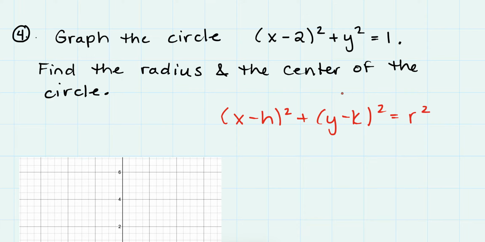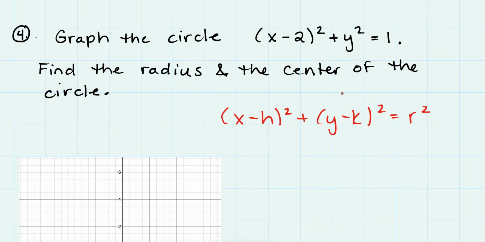So you get x^2 - 4x + 4. And let's FOIL this (y - 3) as well. So this is (y - 3) times (y - 3), which is y^2 - 3y - 3y + 9, which is y^2 - 6y + 9.